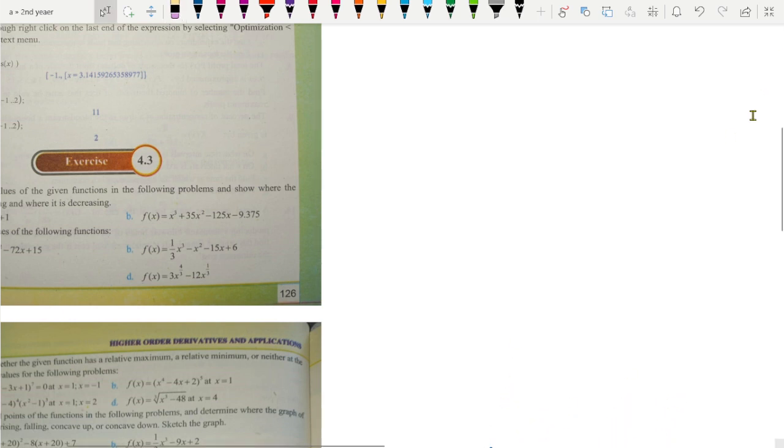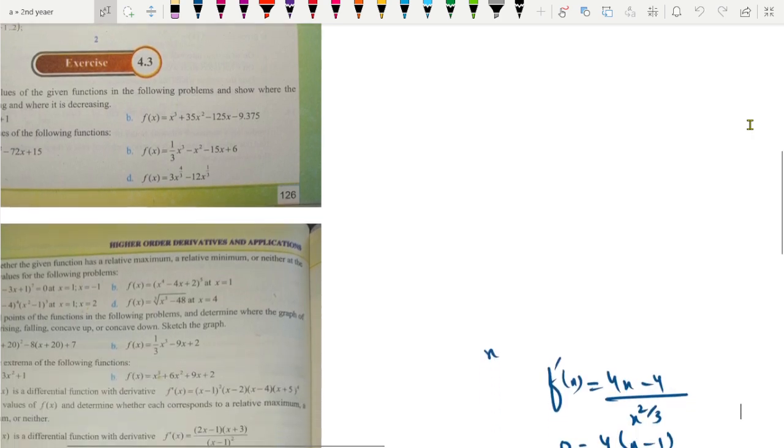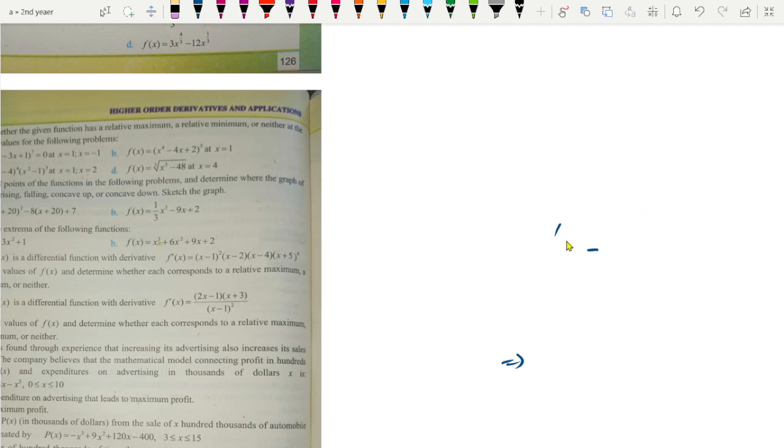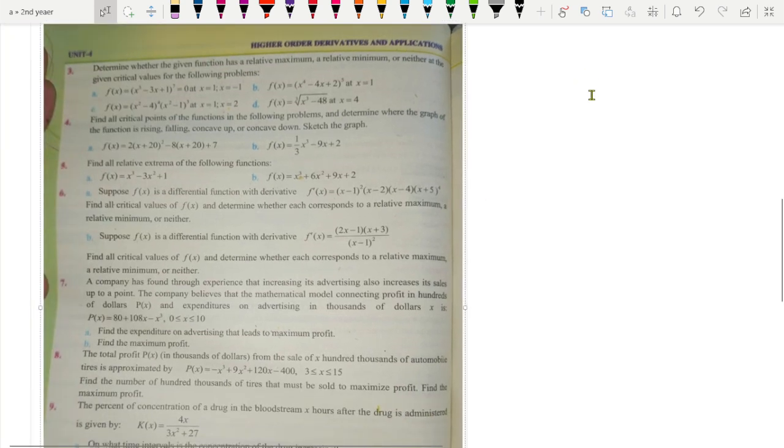Now we will discuss question number 3 of exercise 4.3. Determine whether the given function has a relative maximum, a relative minimum, or neither at the given critical values for the following problems.